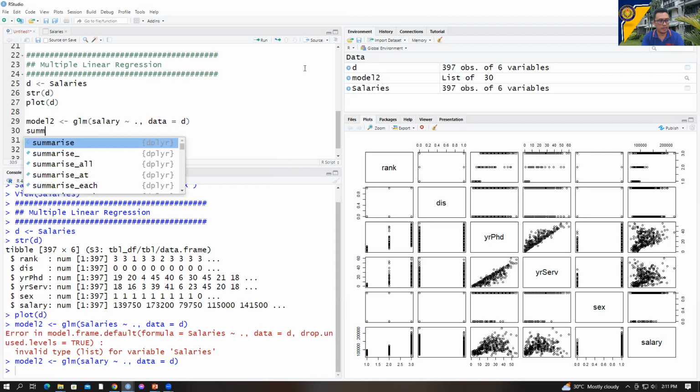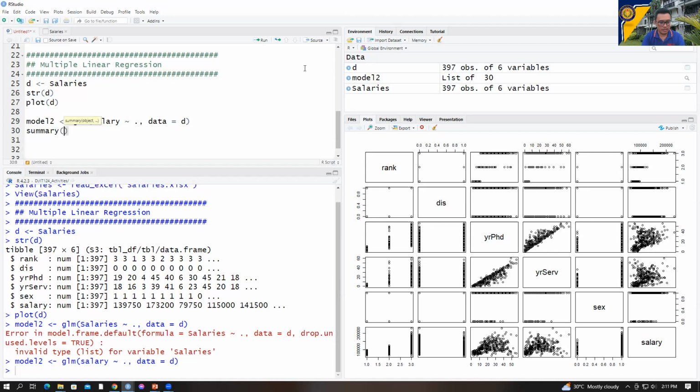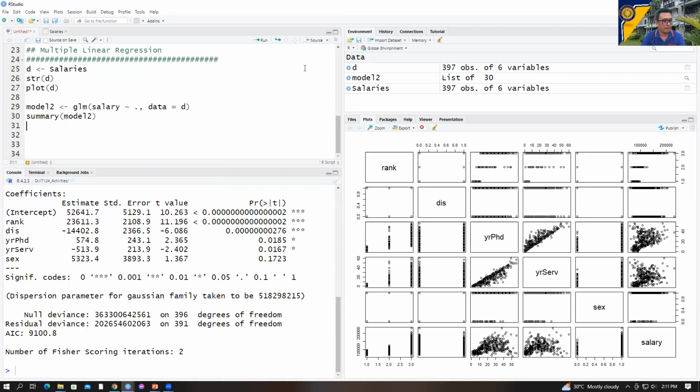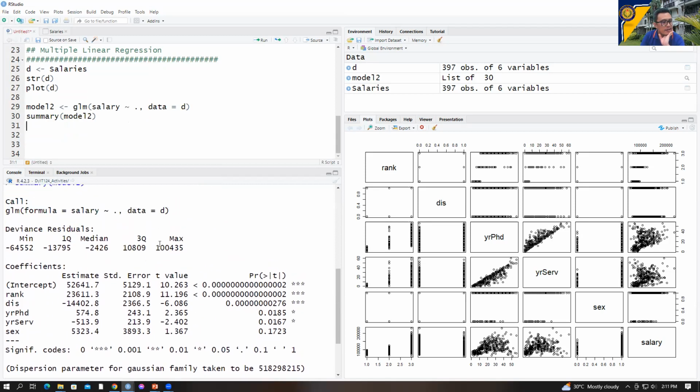Let's look at the summary of our model. So let's look at our summary in determining our salary. Okay, so we have here descriptive statistics, the minimum and the maximum, and the first and the third quartile.